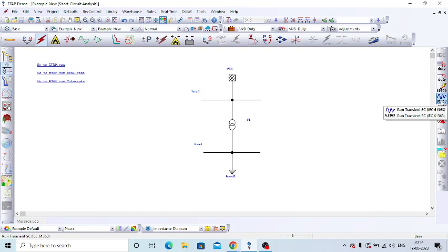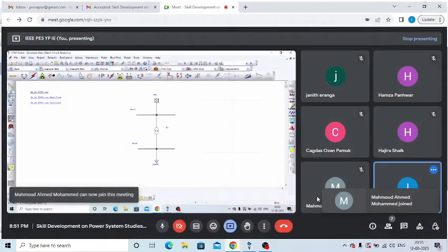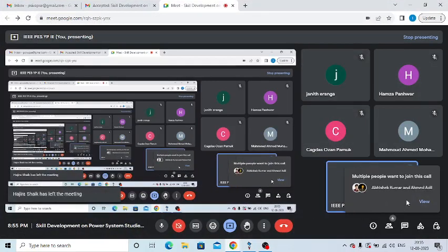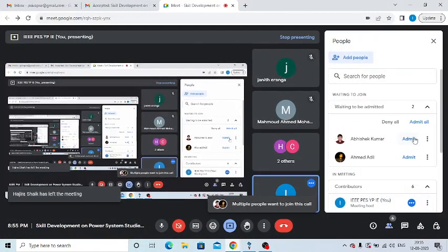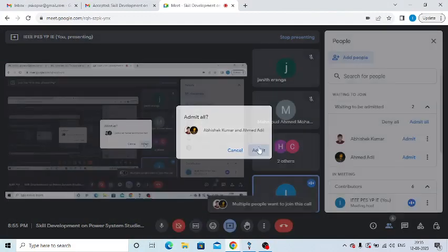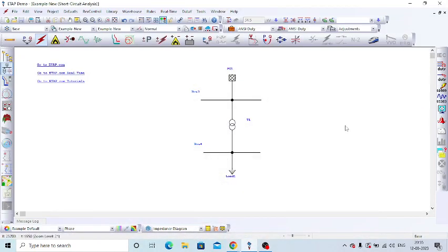I think this standard is used for 400 hertz frequency systems, mostly used in ships.